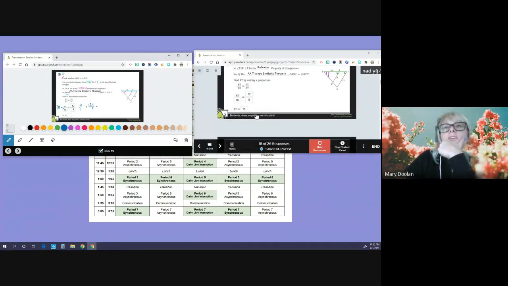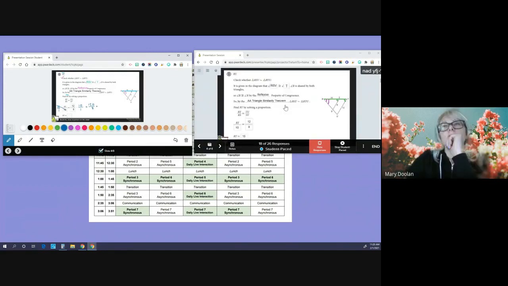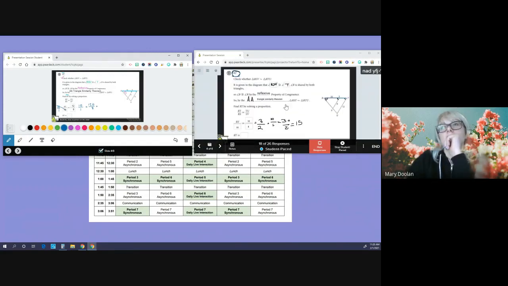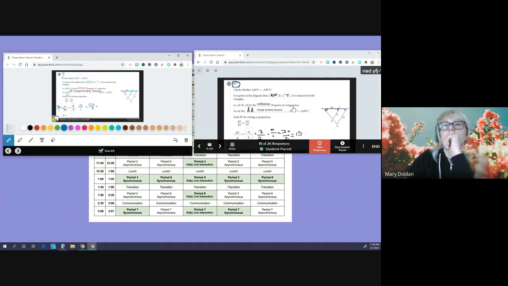Okay, so this person figured it out. We actually get 15. 15 is the side length RT. This person got 15.